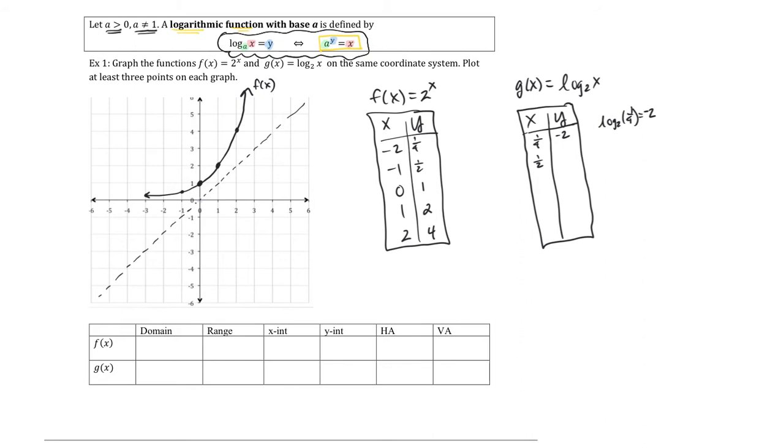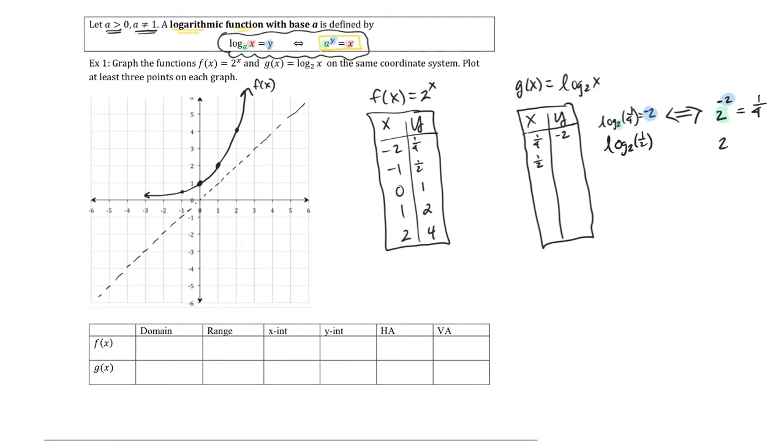That's equivalent to the base of 2, the same base, which is the base of our exponent, to the power of -2 is indeed 1/4.